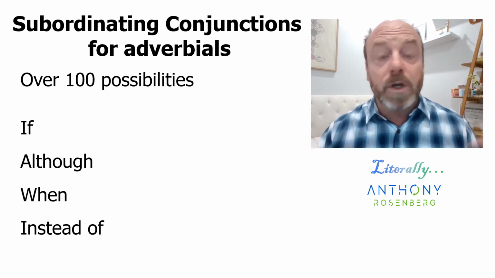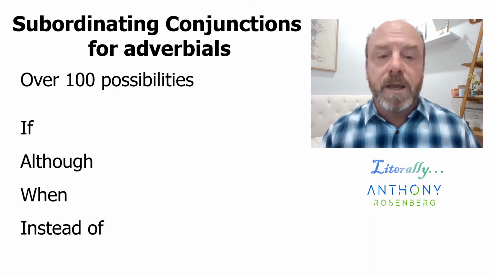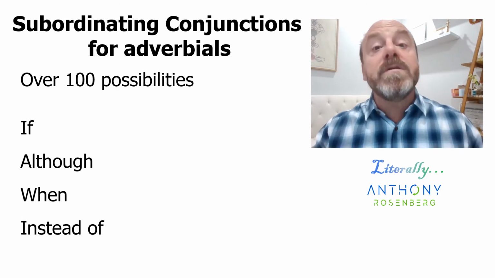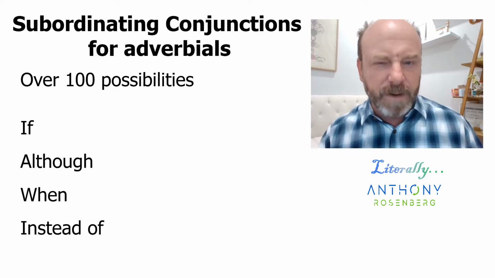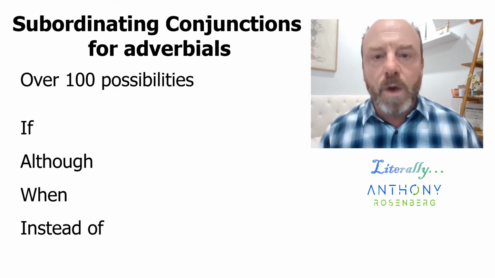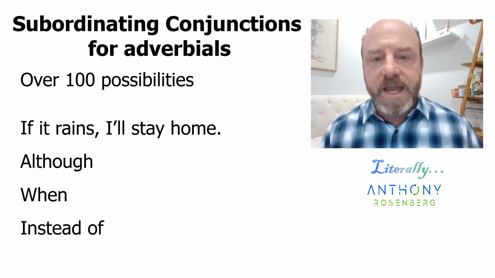Although usually shows you a contrast of ideas, kind of like but it's subordinate, not coordinating. When obviously talks about time, and instead of shows you a contrast as well. But instead of is interesting because it has a preposition, so I wanted to show you one of those as well. Now if we put sentences to these: if it rains, I'll stay home.